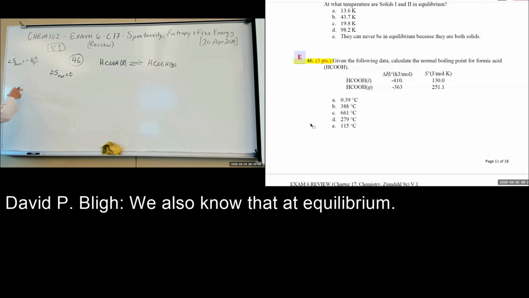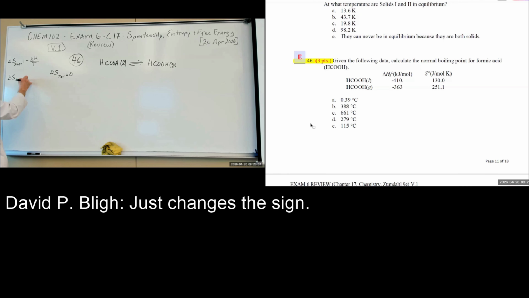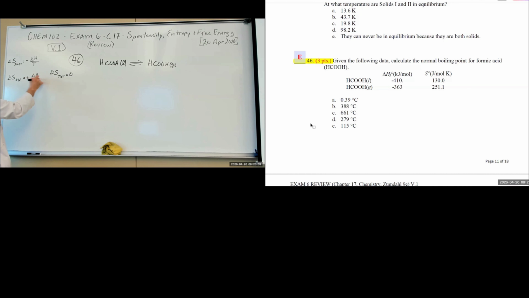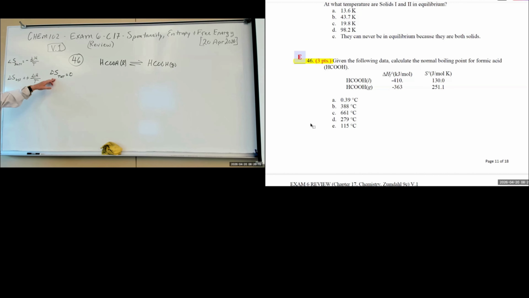We also know that at equilibrium, if delta S surroundings is minus delta H over T, then delta S system just changes the sign, because if we add these two together, they have to be 0 at equilibrium.